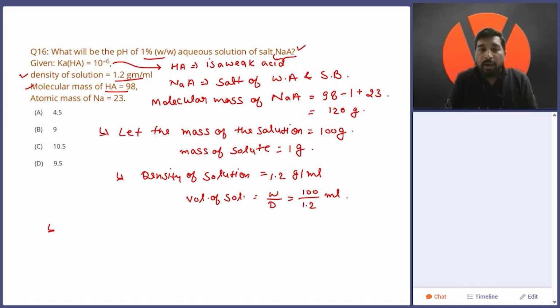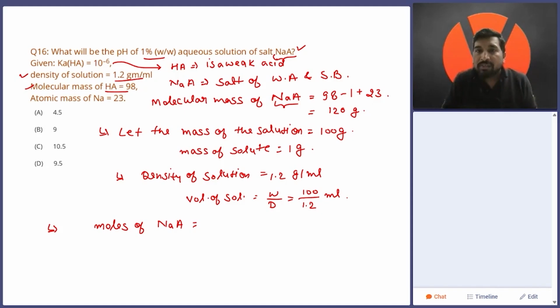Now I want to find the concentration of NaA. Before that, we need to find the number of moles of NaA present in the solution. Moles is equal to mass of substance divided by molar mass.